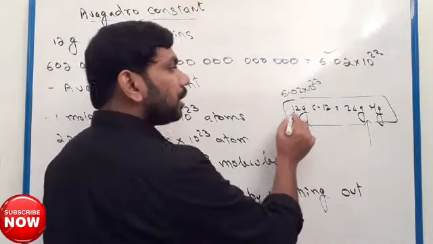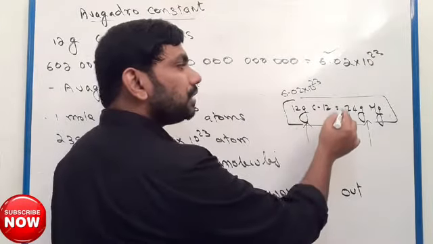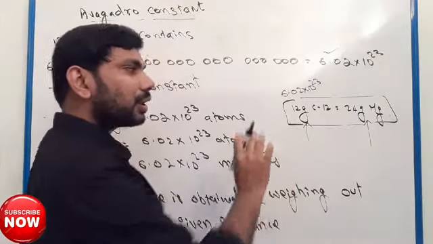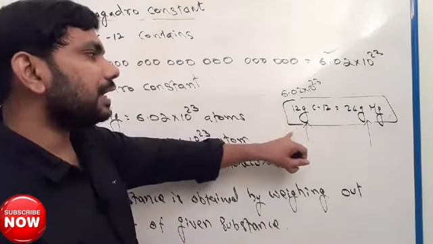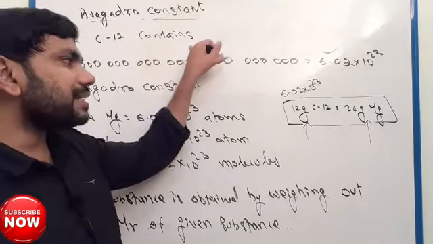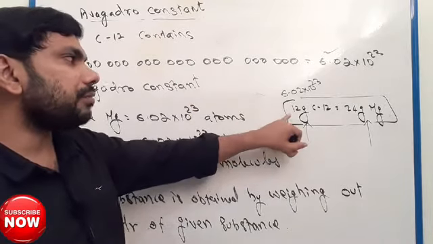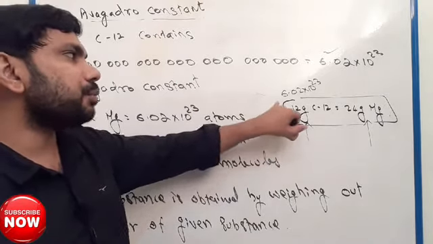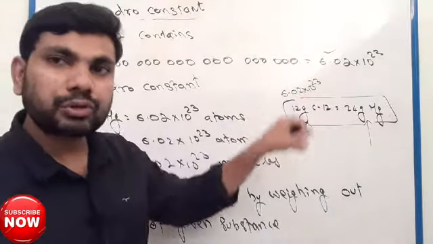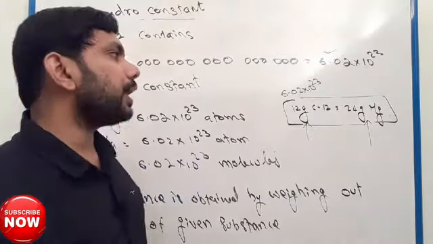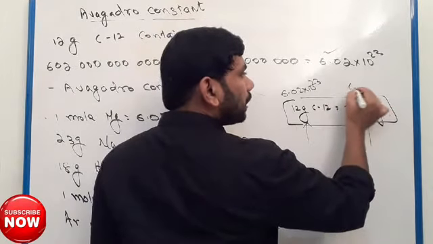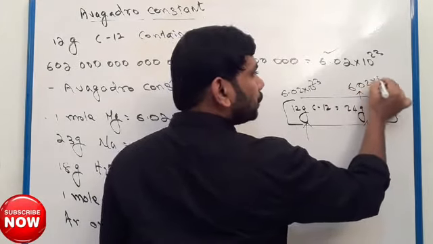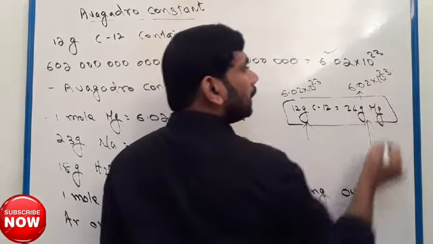Avogadro found that 12 gram carbon 12 contains 6.02 times 10 power 23 atoms, so 24 gram magnesium also contains 6.02 times 10 power 23 atoms.